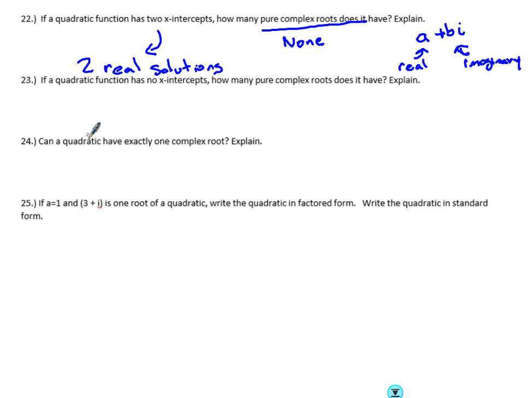For number 23, if a quadratic function has no x-intercepts, how many purely complex roots does it have? Well, it could have 2 or it could have none. But for this instance, more likely than not, it will have 2 pure complex roots.